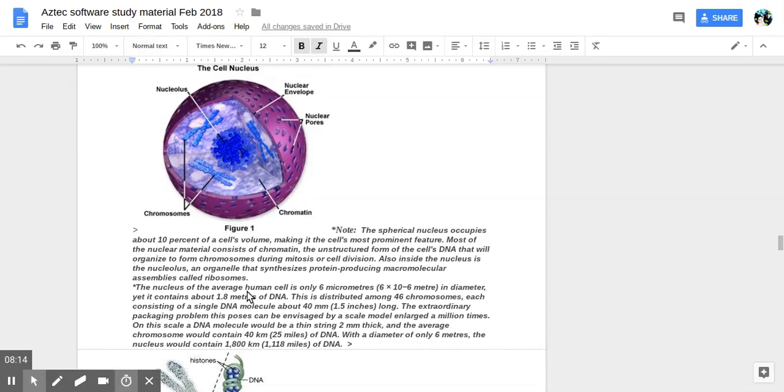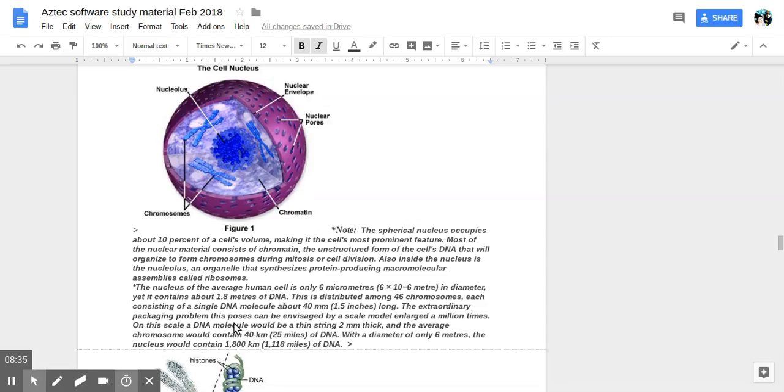The nucleus of the average human cell is only 6 micrometers, 6 times 10 to the negative 6 meters, in diameter, yet it contains about 1.8 meters of DNA. This is distributed among 46 chromosomes.